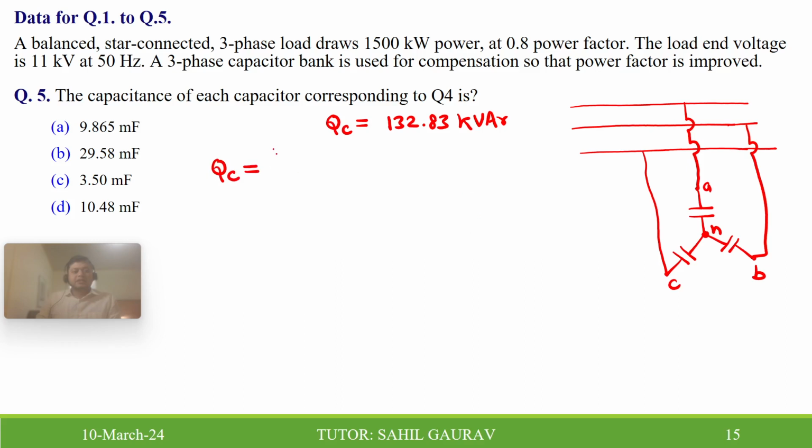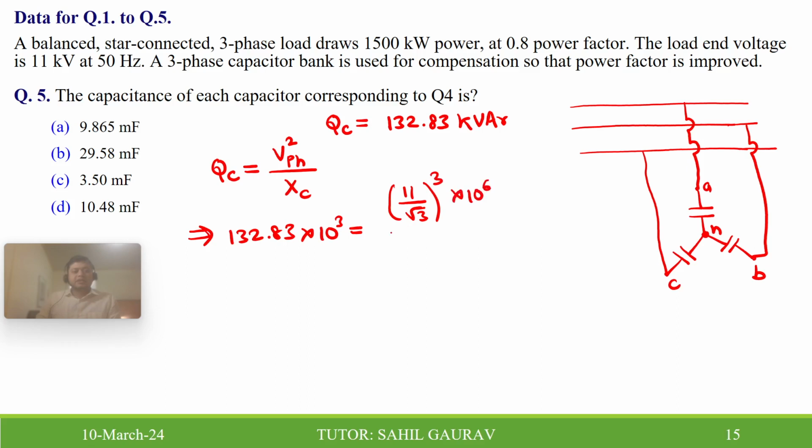QC you can write as V phase square upon XC, and XC is 1 divided by 100 pi C. So you can write 132.83 into 10 to the power 3 VAR equals the phase voltage, since the line voltage is 11 kV, so the phase voltage is 11 divided by root 3 kV into 10 to the power 6, squared, divided by 1 upon 100 pi C.